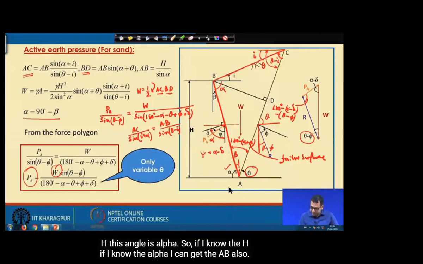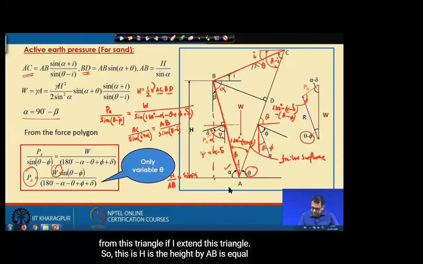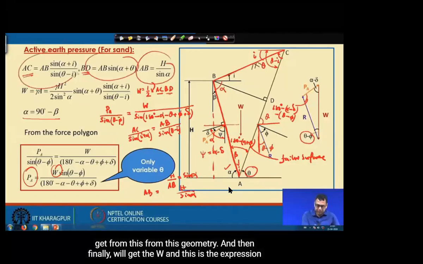If I know H and alpha, I can get AB. If I extend this triangle, H by AB is equal to sin alpha, so AB is equal to H by sin alpha. All these values you will get from this geometry.